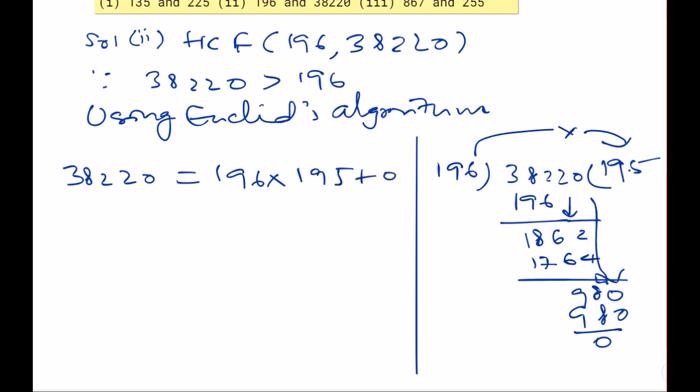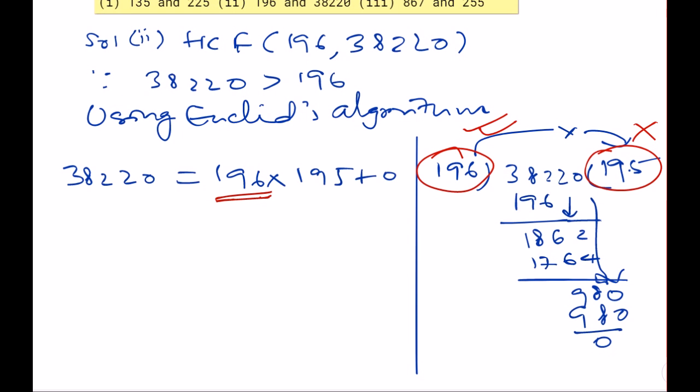So in first step we got the answer. What is the answer here? The answer is 196. Guys, remember, while finding HCF of two numbers, this is the answer and not this. This is the answer because this is the divisor.